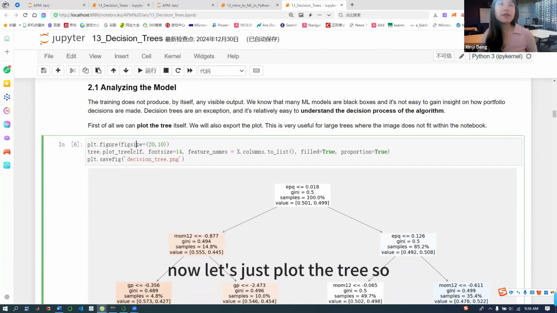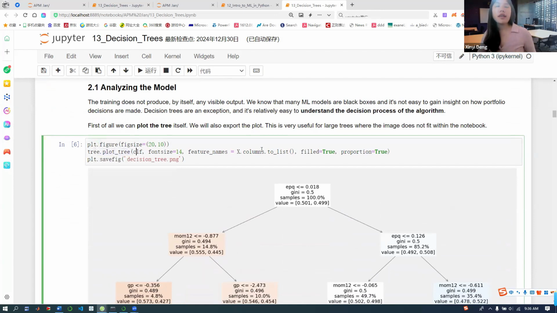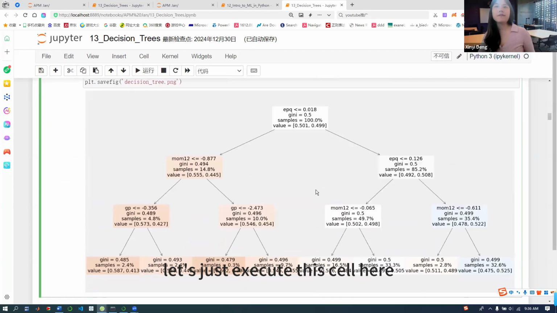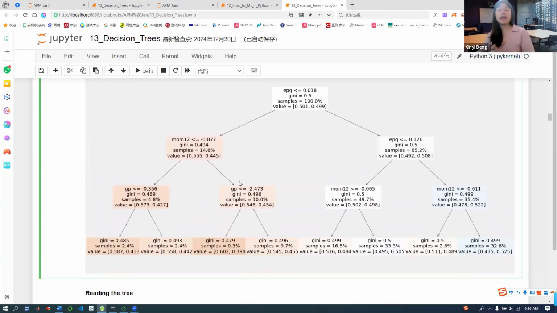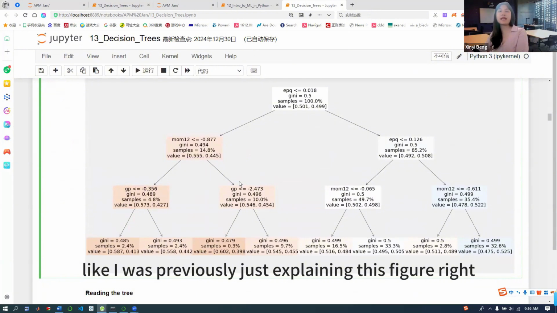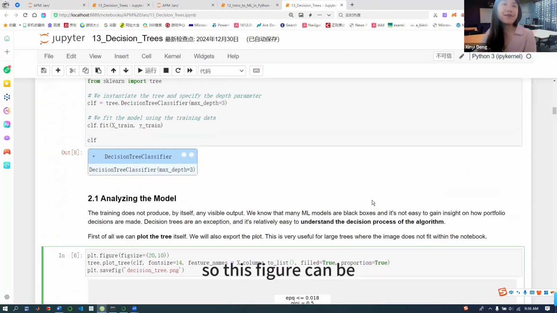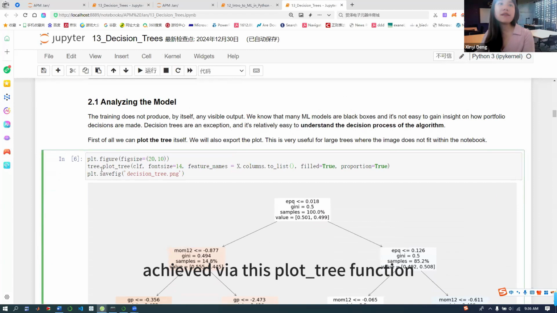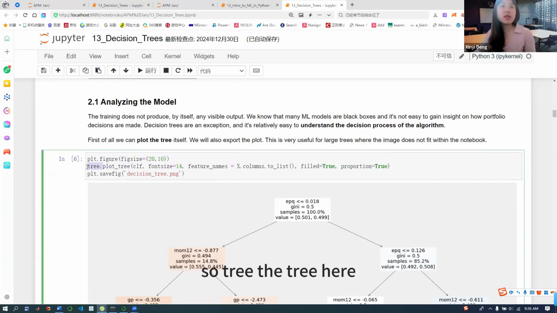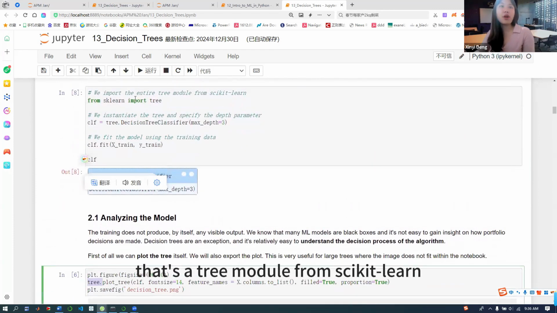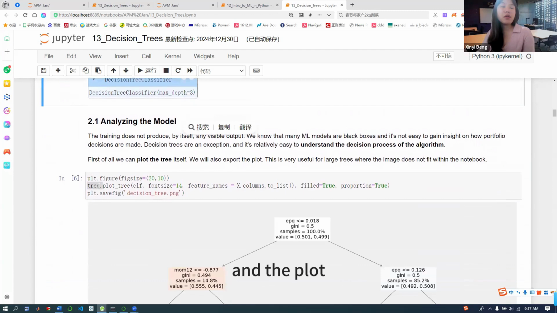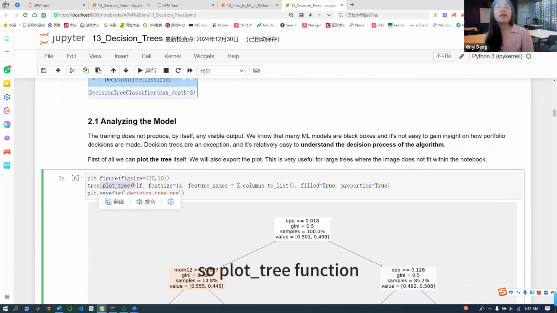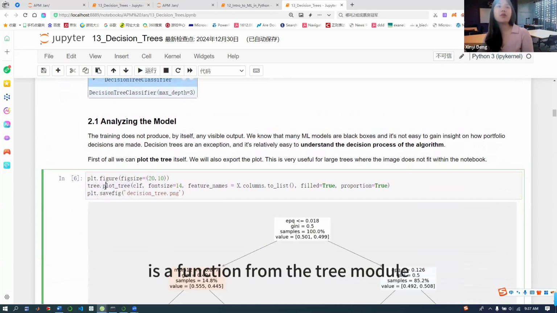Now let's just plot the tree. So let's just execute this cell here. I was previously just expanding this figure, right? So this figure can be achieved via this plot tree function. The tree here is a tree module from scikit-learn, and the plot tree function is a function from the tree module.